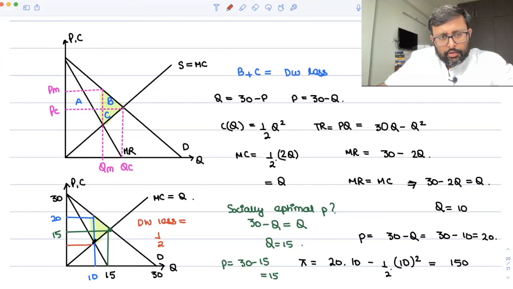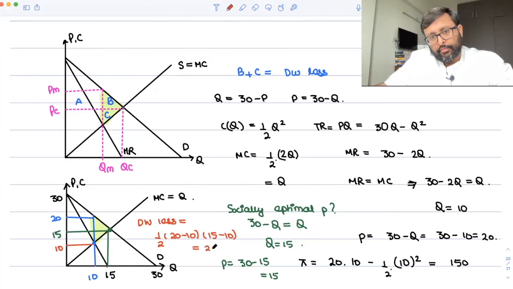I need this point also. So the base of the triangle is 20 minus 10. Height of the triangle is 15 minus 10. And this thing comes out to be 25. This is the deadweight loss of the monopoly, right?